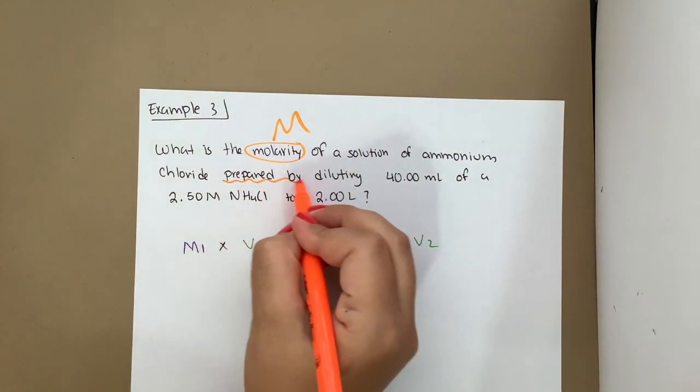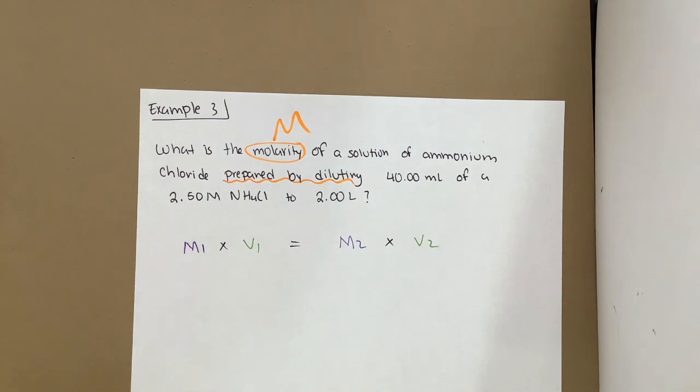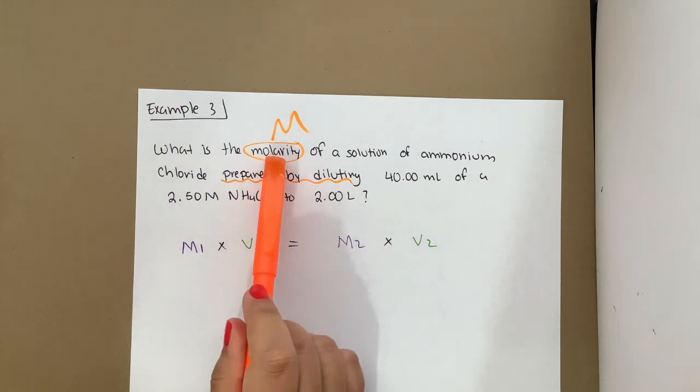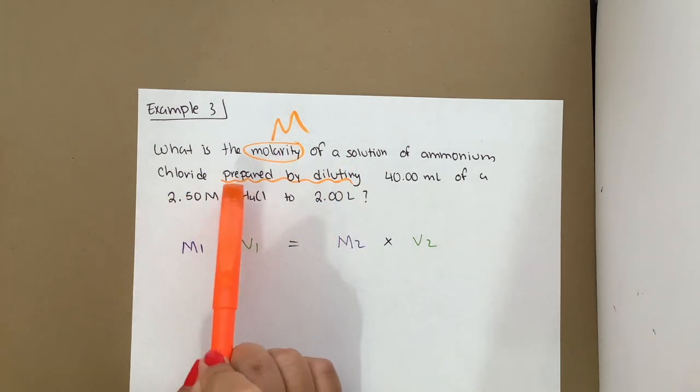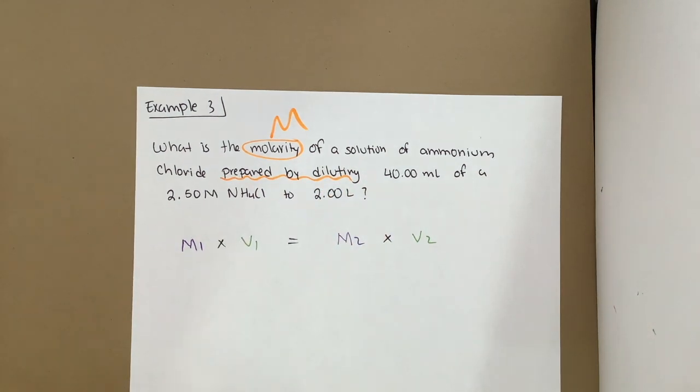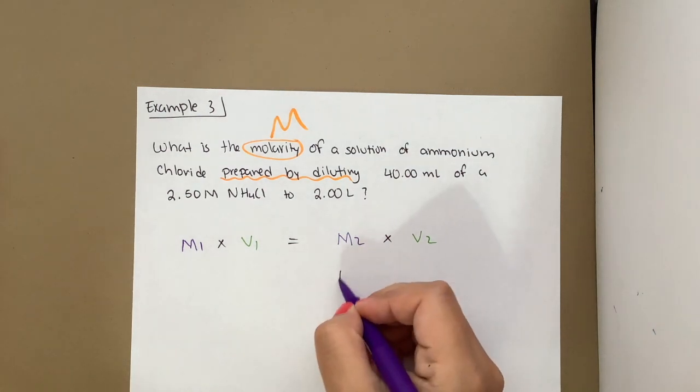Prepared by diluting. So in this question, are they asking you for the initial molarity or the final molarity? Saying that you're looking for the molarity of a solution prepared by diluting this solution. Okay, so in this case, they're asking you for M2.